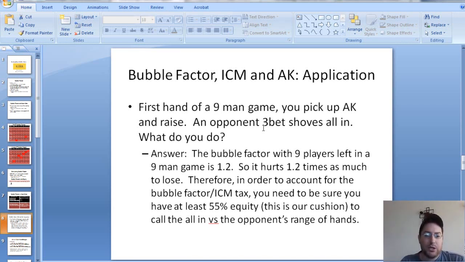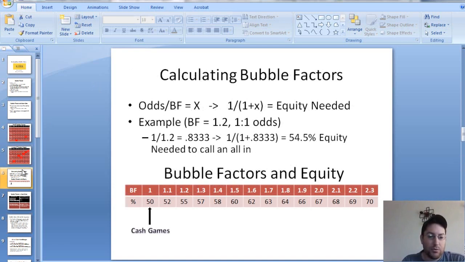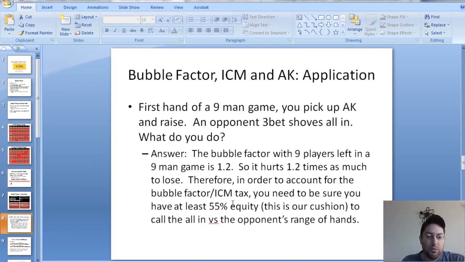So as I mentioned, if we go back to here, the bubble factor is 1.2. The equity needed is about 55%. So if we are holding Ace King, we need to be sure that we have about a 55% equity against our opponent's range to justify an all-in.